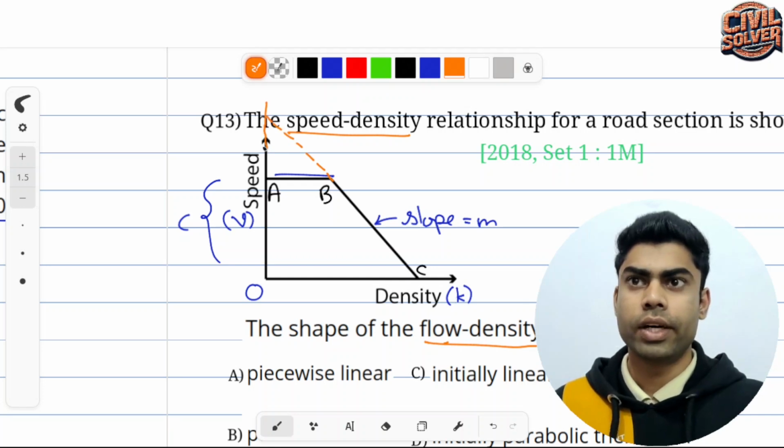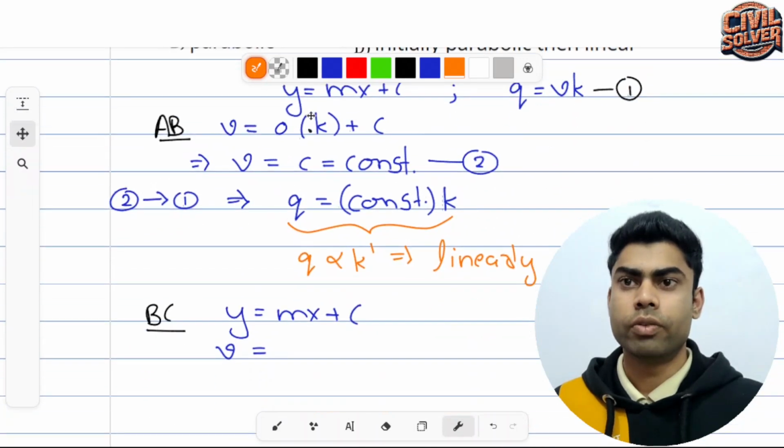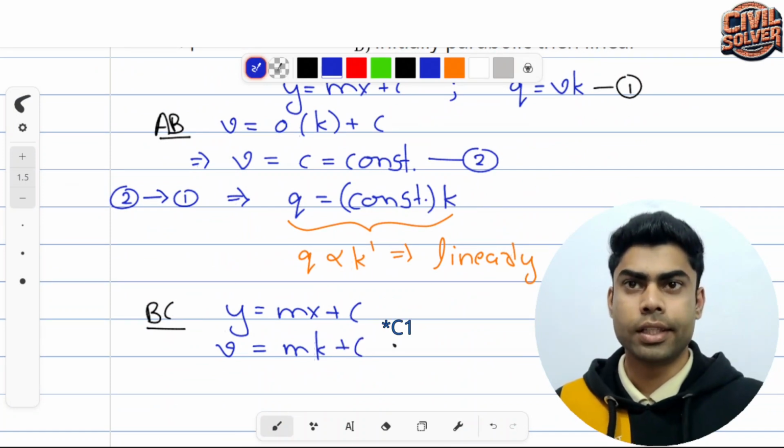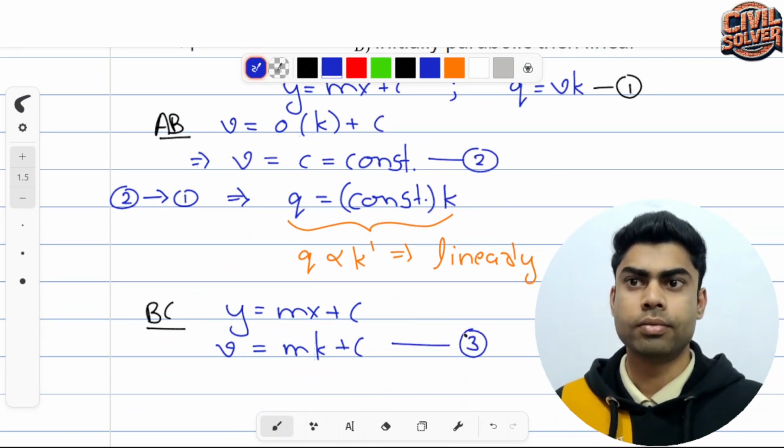Suppose it is cutting the y-axis at this point. So this portion is the y-intercept. Let us call it c1. So the equation for the line BC will be v equal to m times k plus c. Let us call it equation number 3.